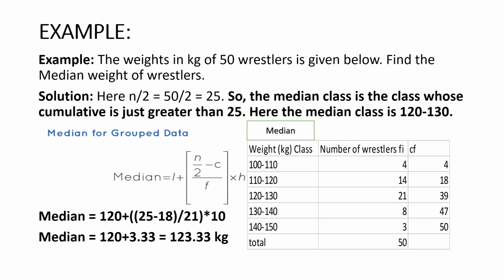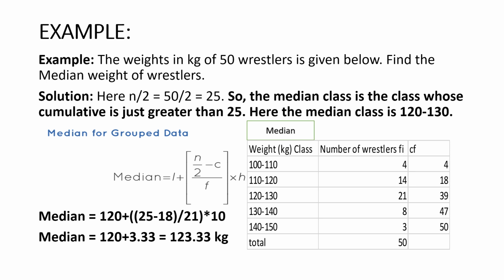That means 14 plus 4, which is 18. For the class 120 to 130, cumulative frequency is the frequency of that class plus all the classes before it, means 21 plus 14 plus 4, or directly it is 21 plus the cumulative frequency of the previous class. So 21 plus 18, which is 39.